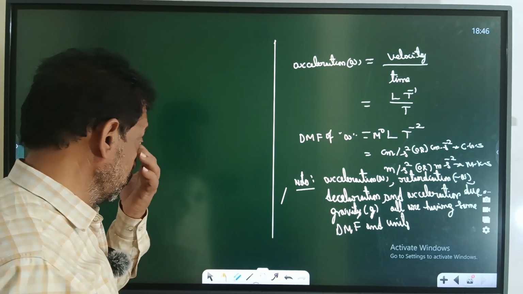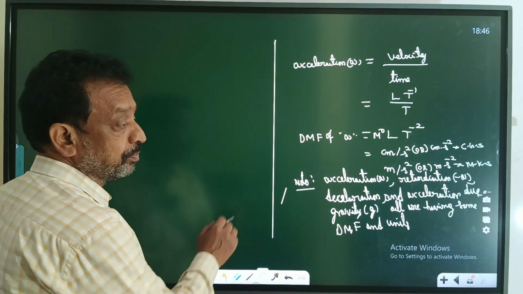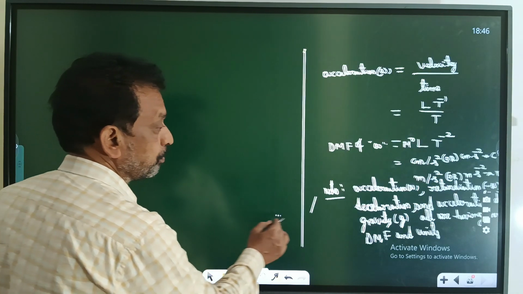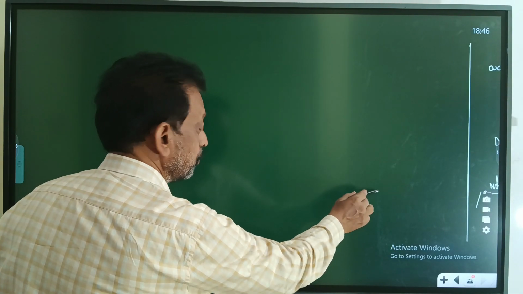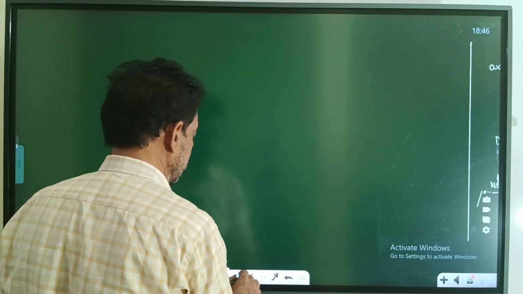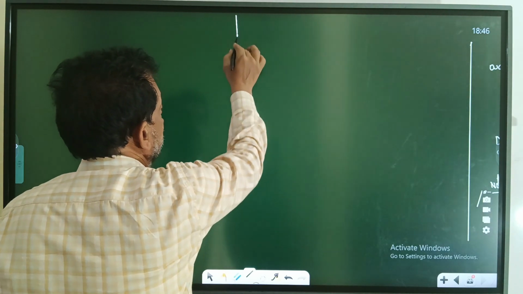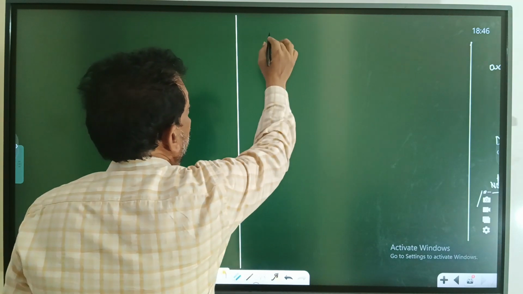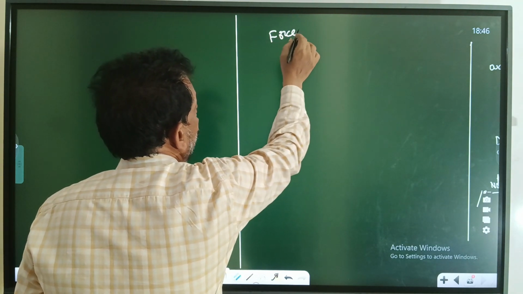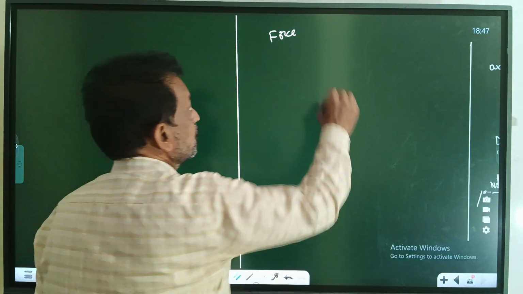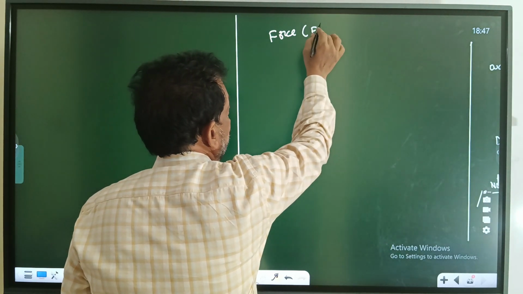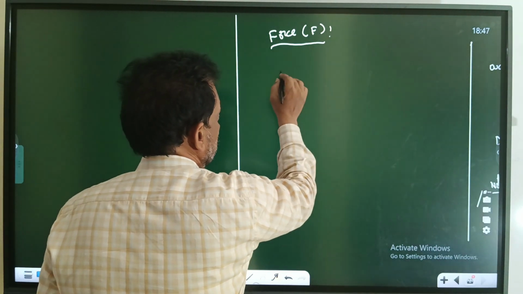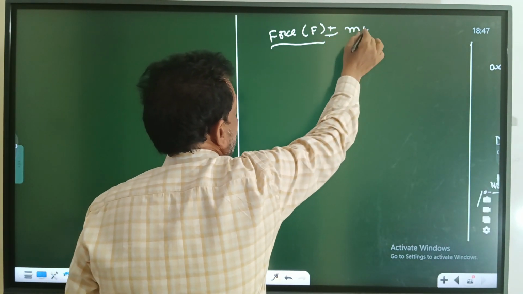Next, you can write force. Daily we are seeing force. What is the definition of force? Force is a pull or push. Formula: force F is equal to ma, mass into acceleration.